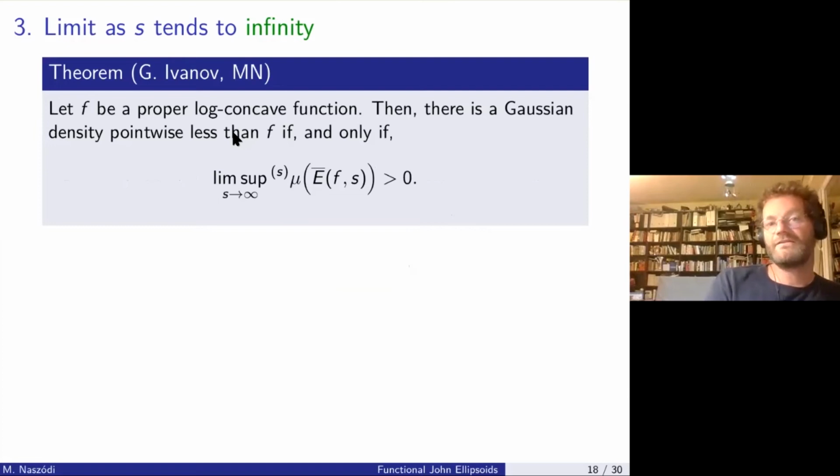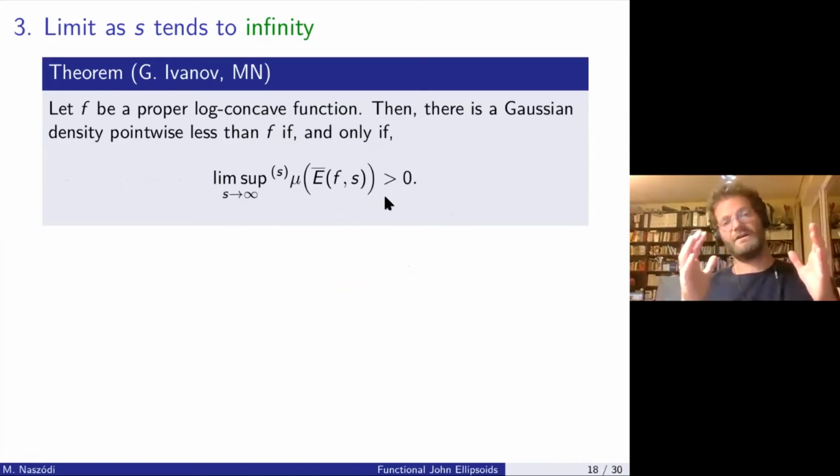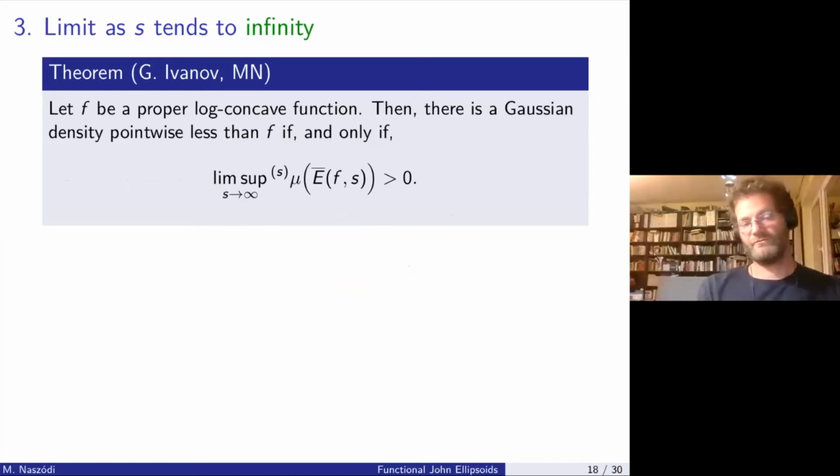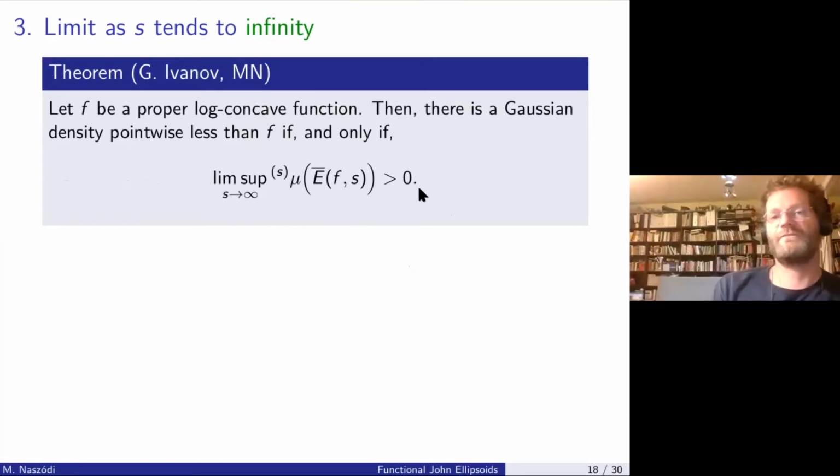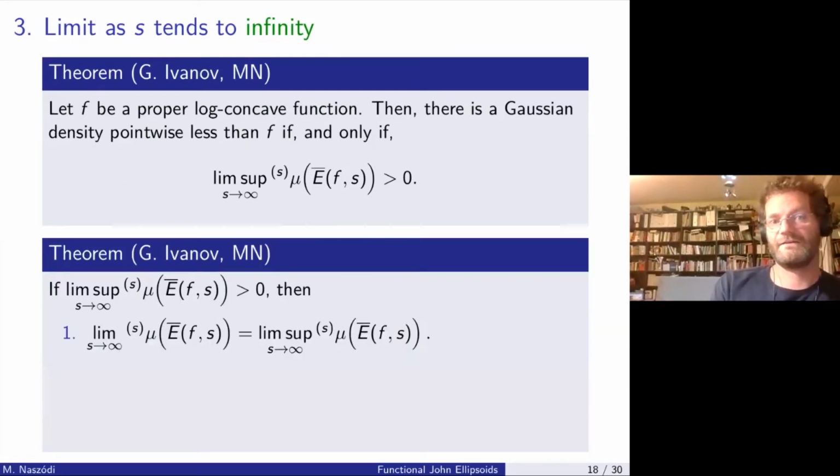The answer is to look at our John s ellipsoids, and if their s measures tend to some positive number, that is, this lim sup is positive, then there is a Gaussian density below f, and it's an if and only if. So let's assume that there is a Gaussian density below f.